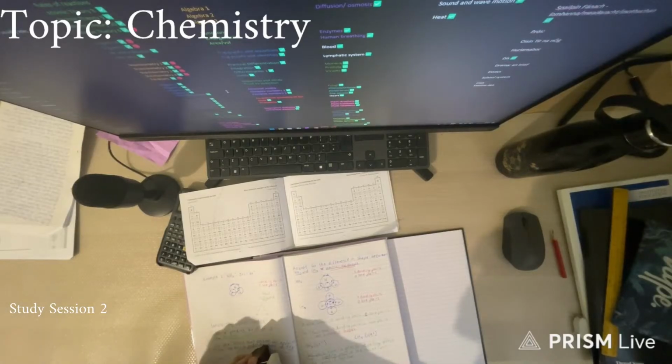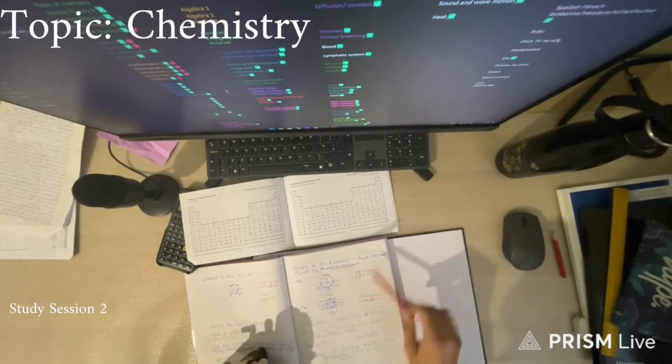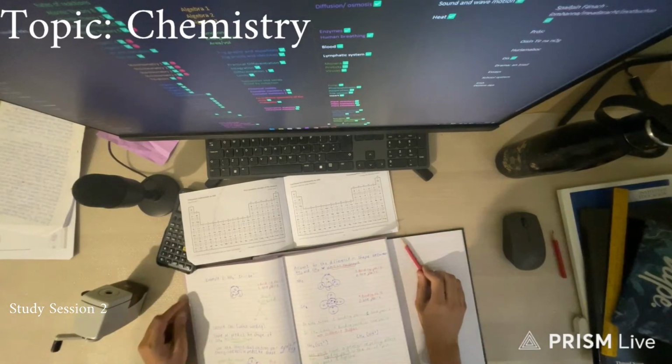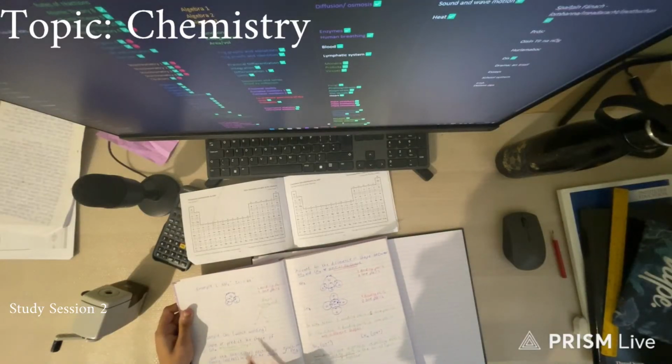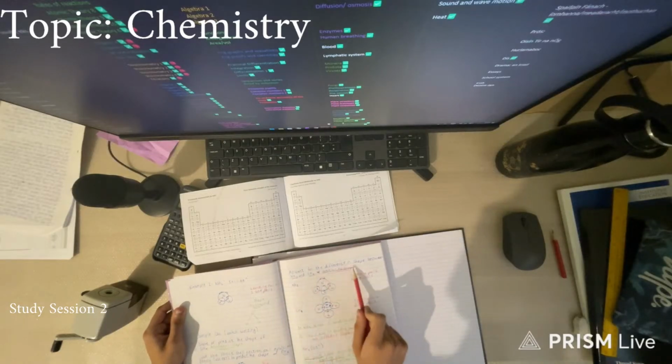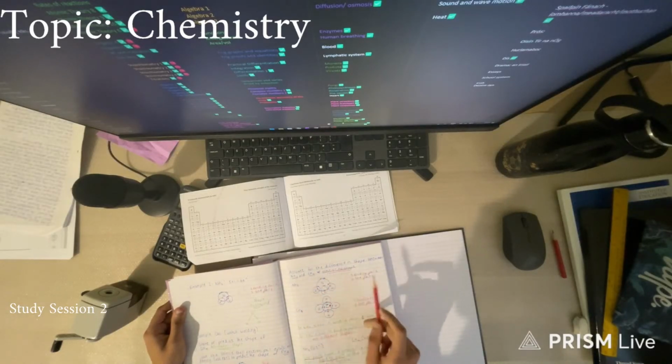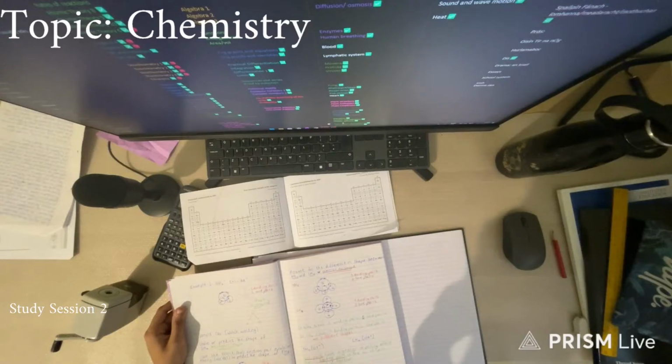It says state or predict the shape. Account for the difference in the shape between NH3 and CH4. Mention the shape: 3 bonding pairs, 0 lone pairs, different shapes.